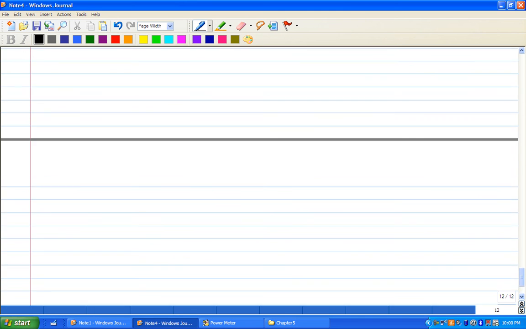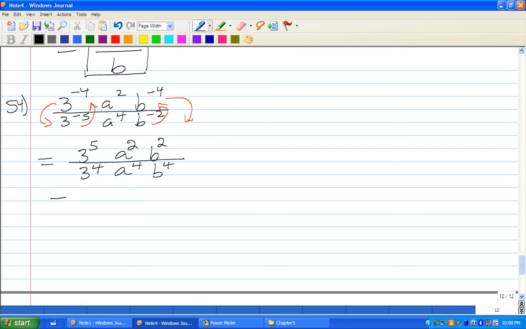So let's simplify this. So I have the same base, 3, between the numerator and denominator. 5 is bigger than 4, so I'll keep 3 in the numerator. 5 minus 4 is 1, so this is just 3 to the 1st. Next, I have a squared and a to the 4th, so a will be in the denominator.